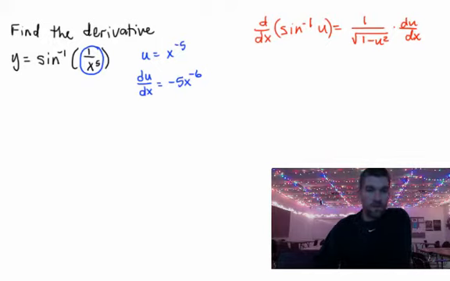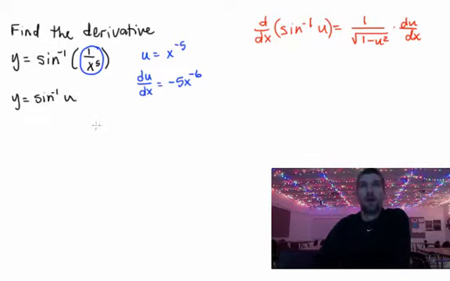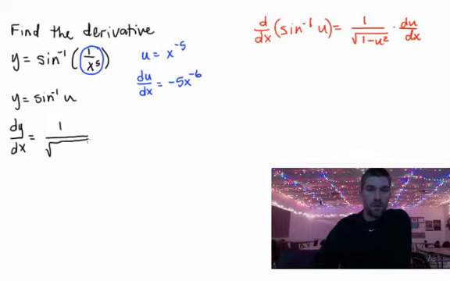And then for my y part, y equals arc sine of u, and with arc sine of u, I'm ready to go with my derivatives. So dy dx is the derivative of arc sine of u. That's going to be 1 over the square root of 1 minus u squared times du dx.